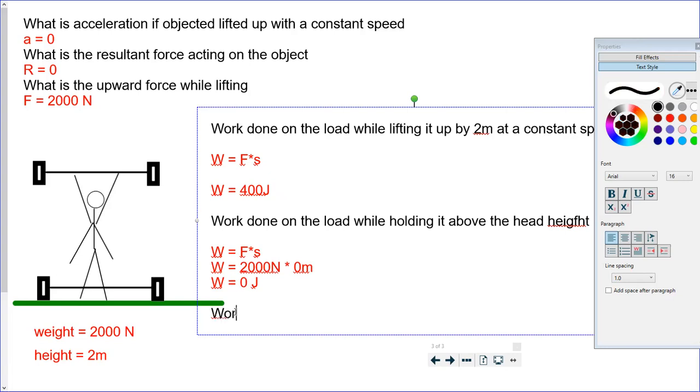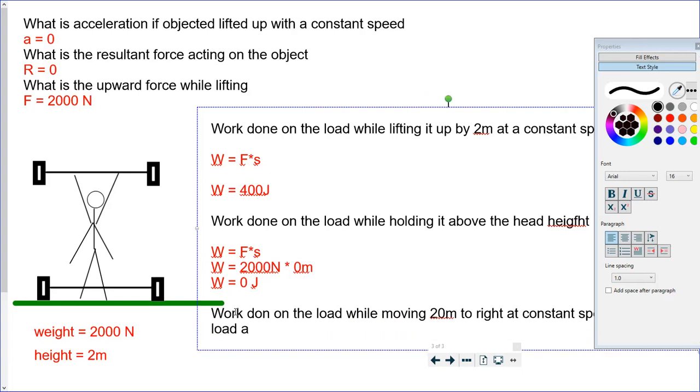Work done on the load while moving 20 meter to the right at constant speed, keeping the load above the head. So how much work done right now?